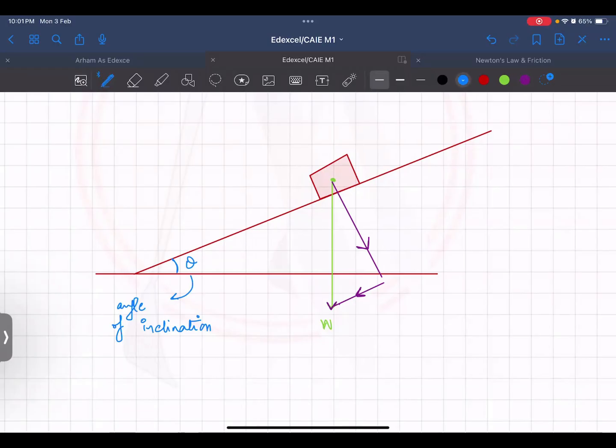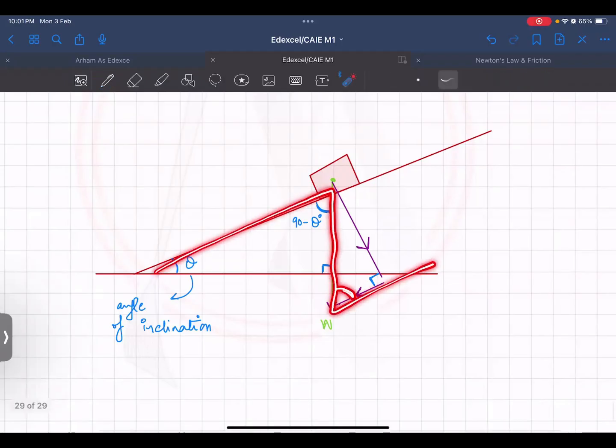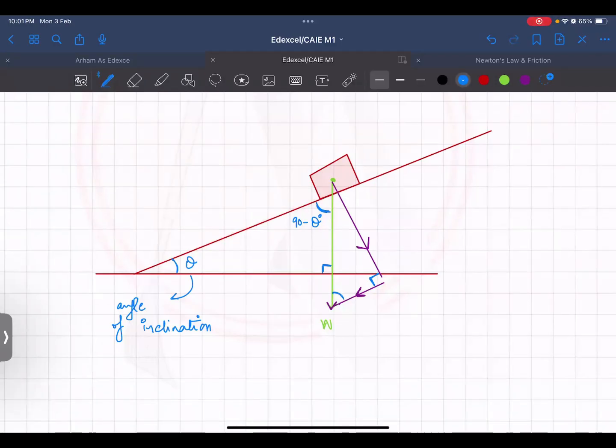Now if you see this, this is forming a 90-degree angle, and definitely this would also be 90 degrees. Okay, this would be how much? 90 minus theta, right? 180 minus 90 minus theta. This would be 90 minus theta. And if you apply the Z property, this would also be 90 minus theta.